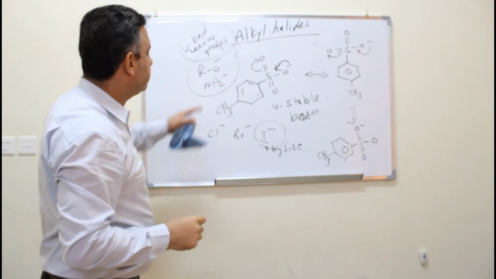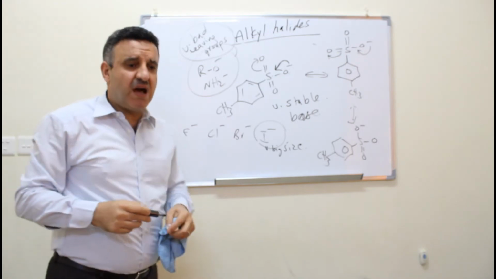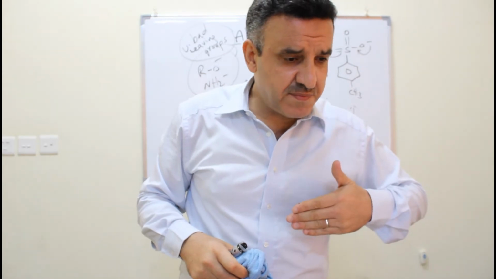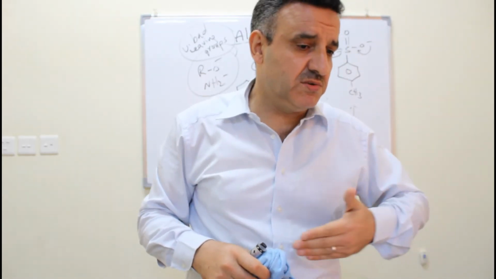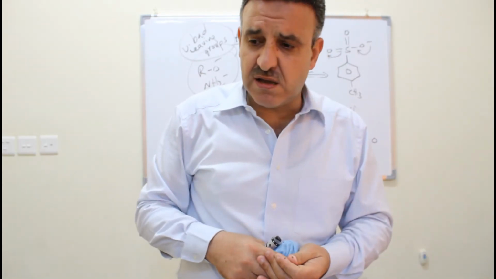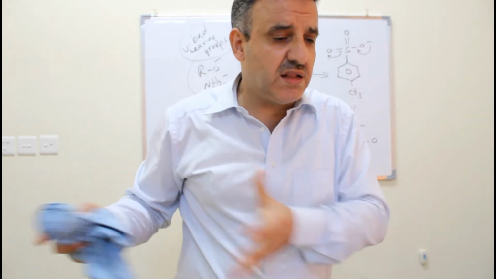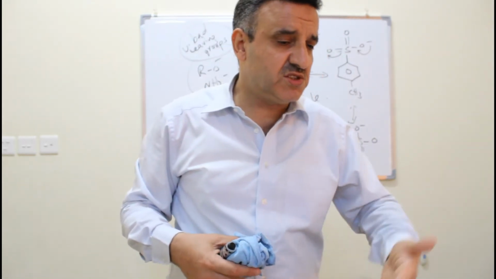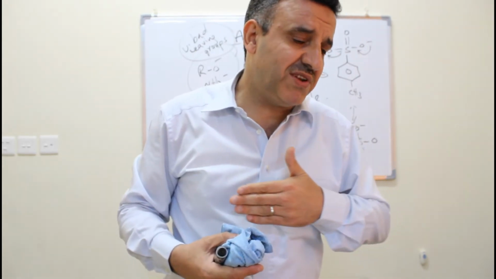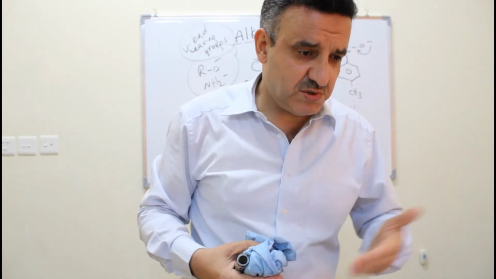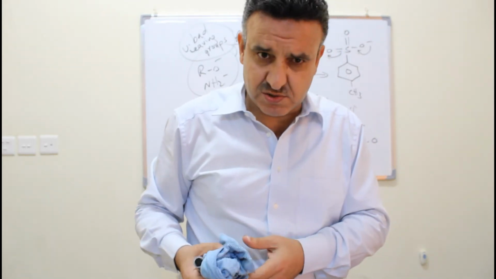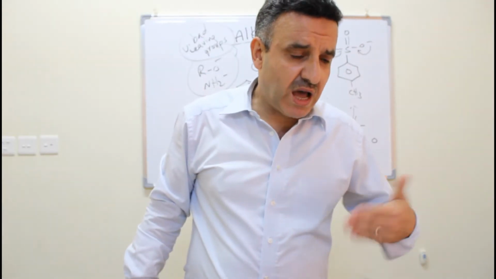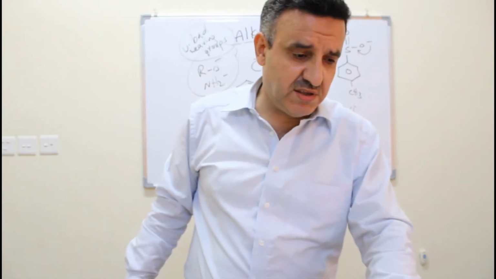Because the negative charge will be highly localized on the oxygen or nitrogen atom, and therefore it is almost impossible to displace these functional groups under normal conditions. To force these to behave as leaving groups, we would definitely need vigorous conditions, which is beyond the scope of this course. So in principle, we are always going to discuss leaving groups like halogens or the tosyl, which are very good leaving groups.